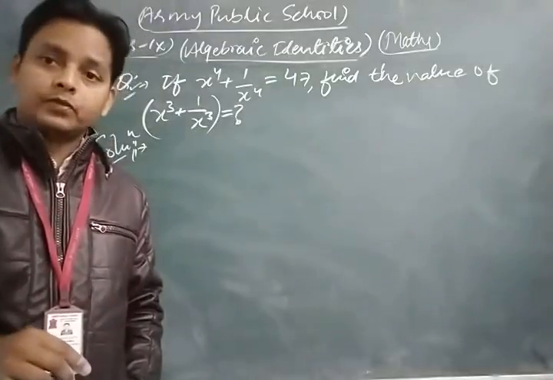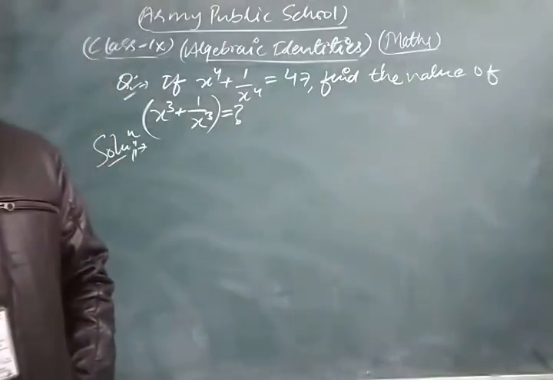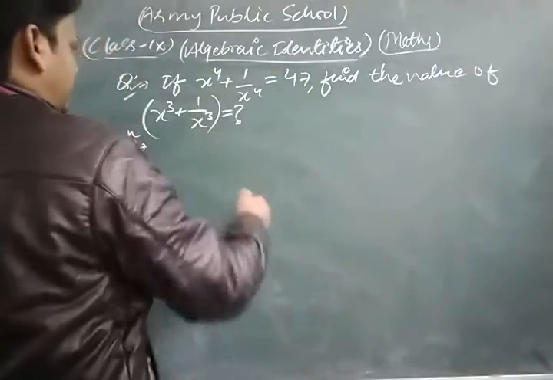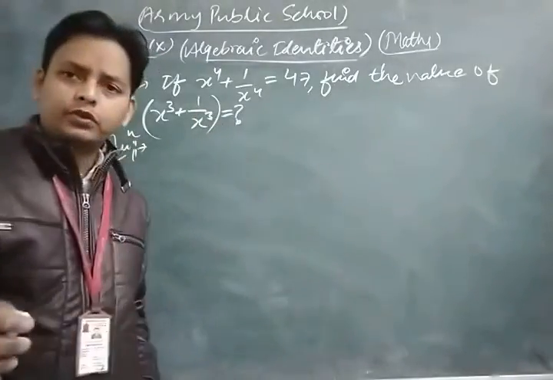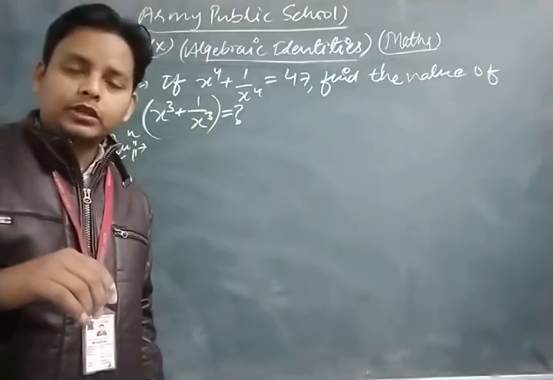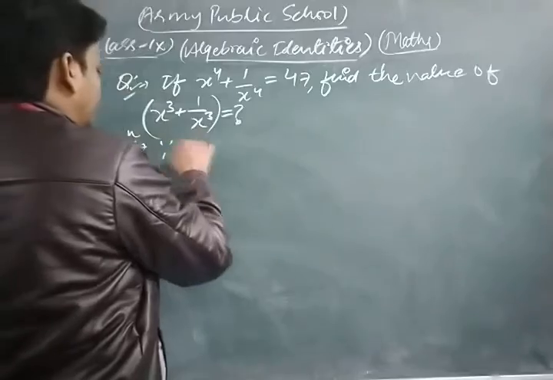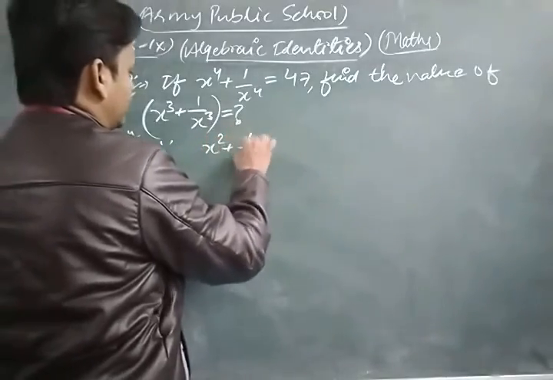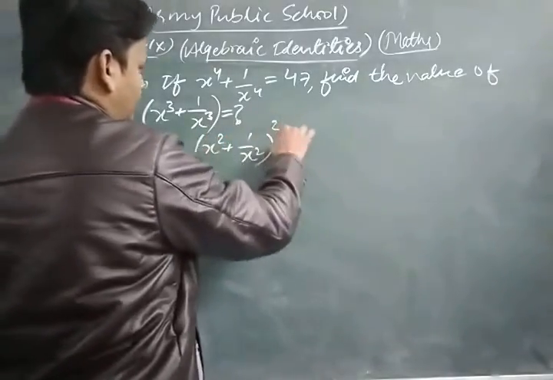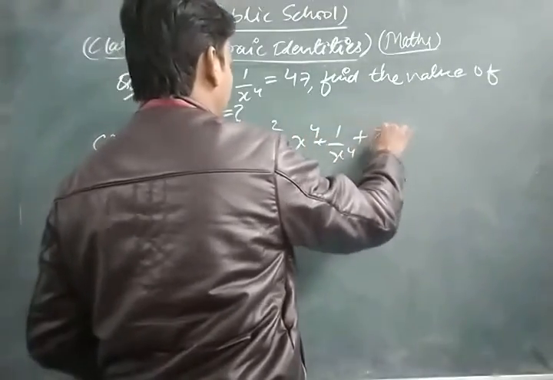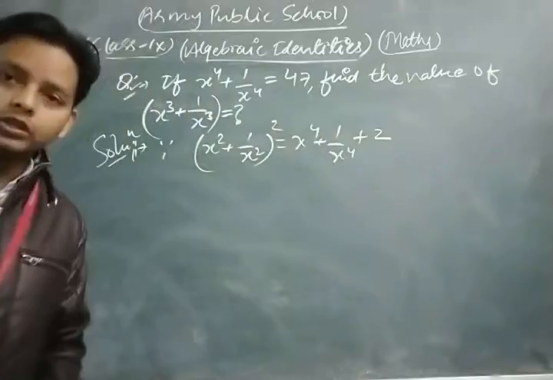Okay. Now first of all, dear student, we have the value of x to the power 4 plus 1 upon x to the power 4. So that comes out in the identity (x square plus 1 upon x square) whole square, which is equal to a square plus b square plus 2ab, where the cross terms cancel each other.